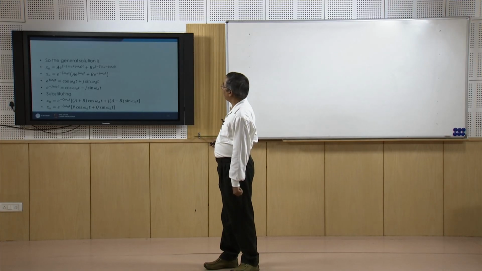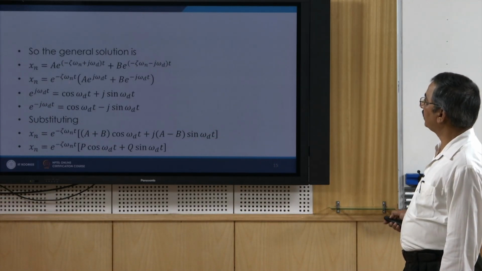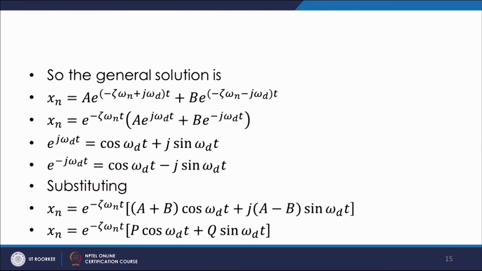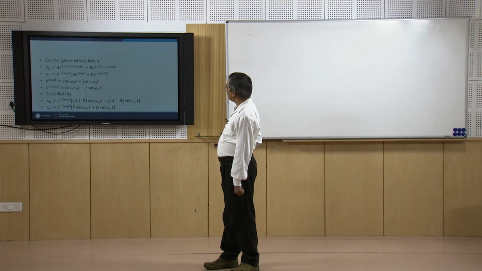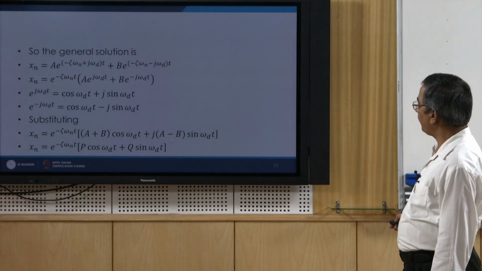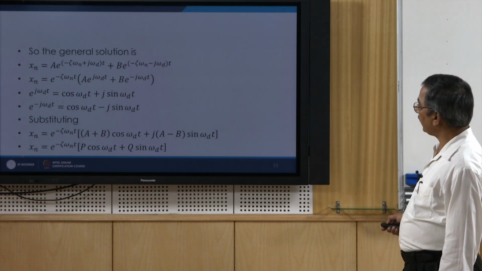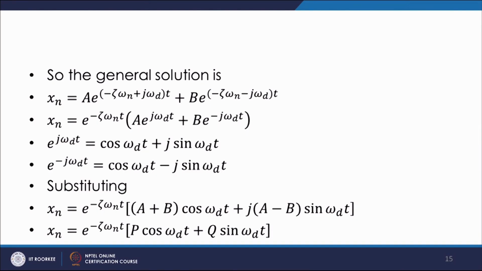Now, if I substitute these two exponential terms here, this is what I am going to get. We will have this same term over here, and here I am going to get (a plus b) cos omega d t plus j (a minus b) sin omega d t. Now, this a plus b I can write as another constant p and a minus b as another constant q, and this way I get an expression for xn.